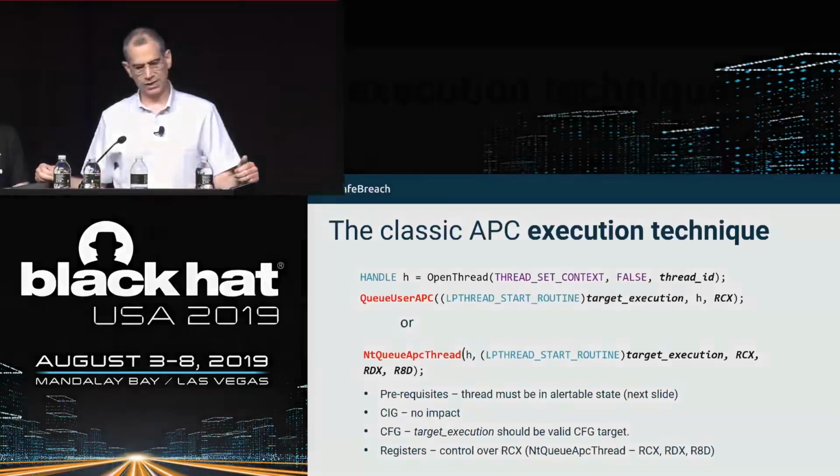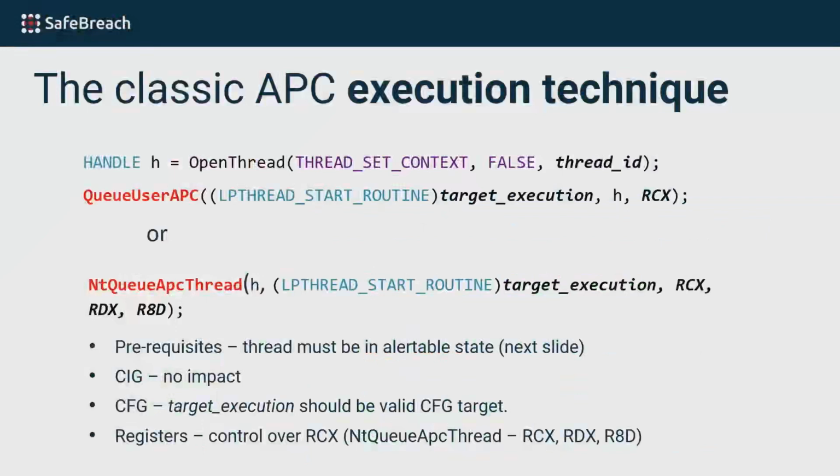We are moving to the classic APC execution technique, which uses QueueUserAPC, the standard Windows API function, or the internal function NtQueueApcThread, which is more flexible. The prerequisites here start becoming interesting because we require that the thread must be in an alertable state, and I'll explain that in the next slide.